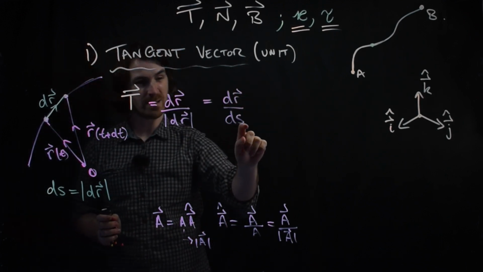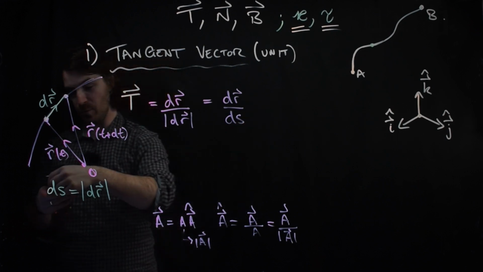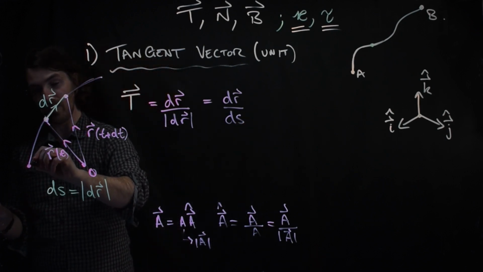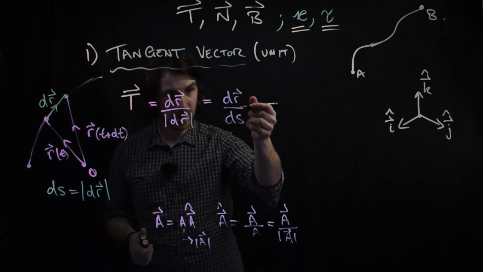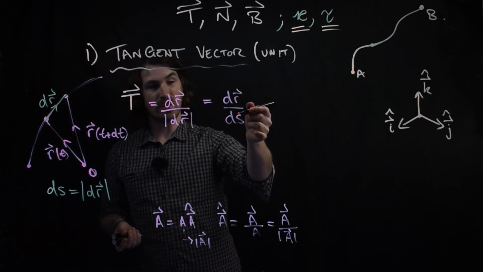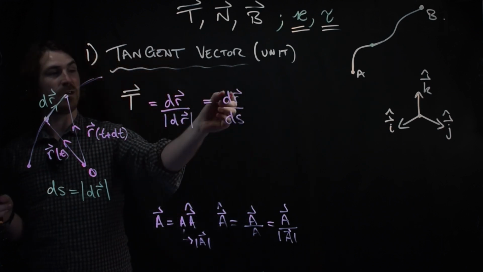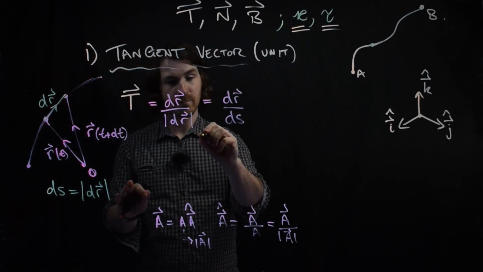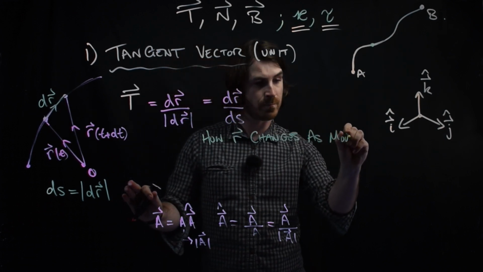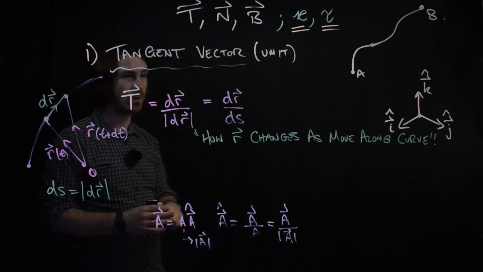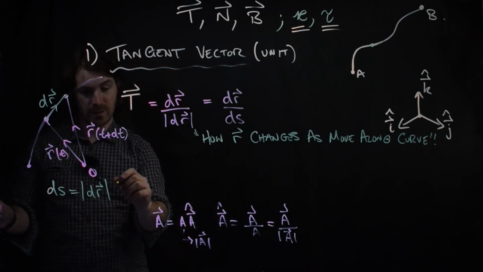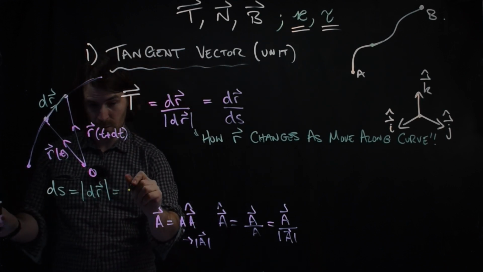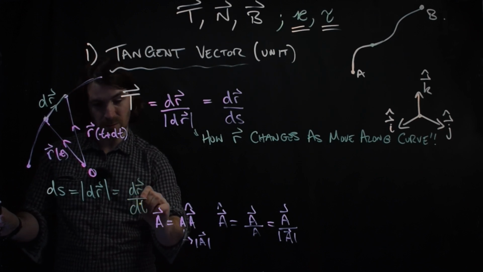Remember, when we change the parameter s, it moves us along the curve. We walk along the curve as we change s. So this derivative with respect to s means how you change r as you move along the curve. And remember we know that ds can be written in terms of some parameter t.